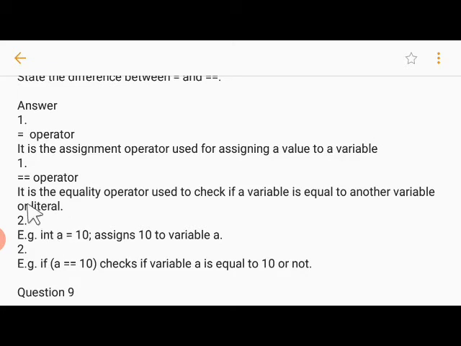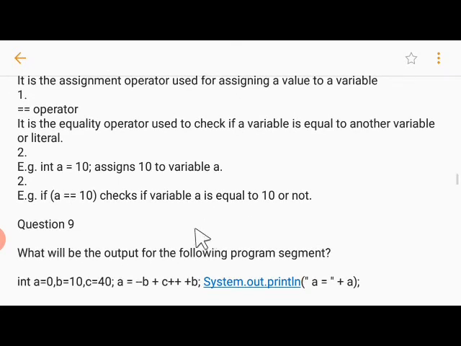Now you can understand these concepts better through these examples. In the second example you see here, int a equal to 10 assigns 10 to variable a. 10 is being assigned to variable a. After that, a double equal to 10 checks if variable a is equal to 10 or not.